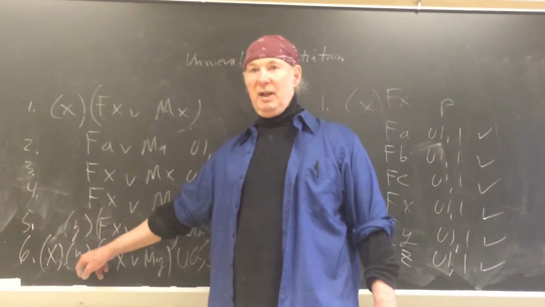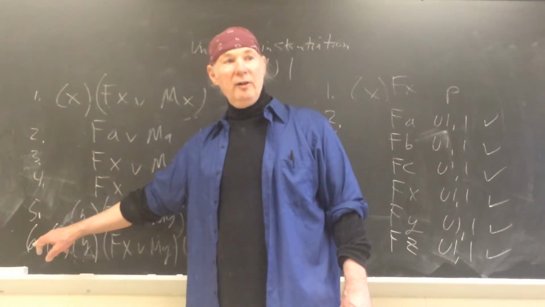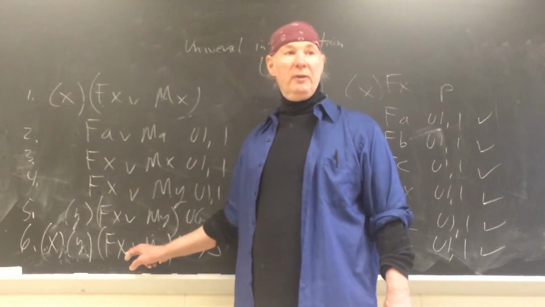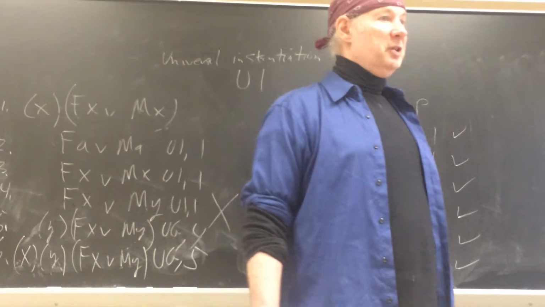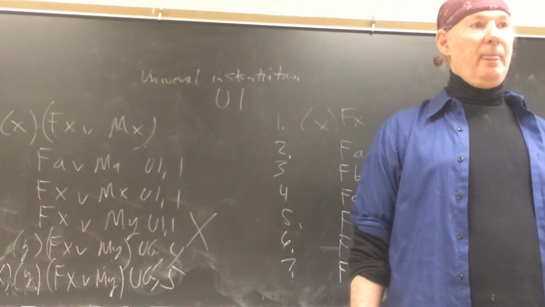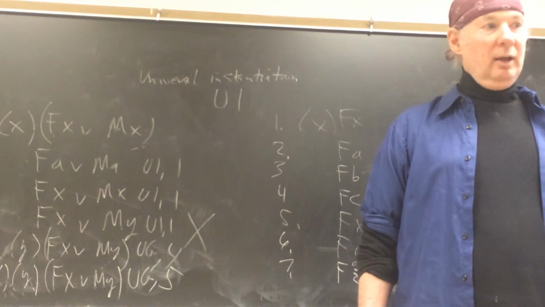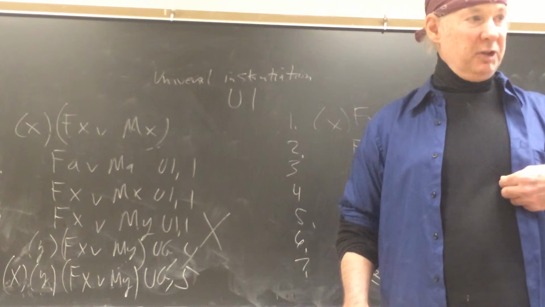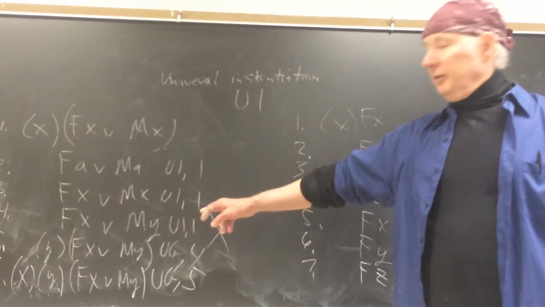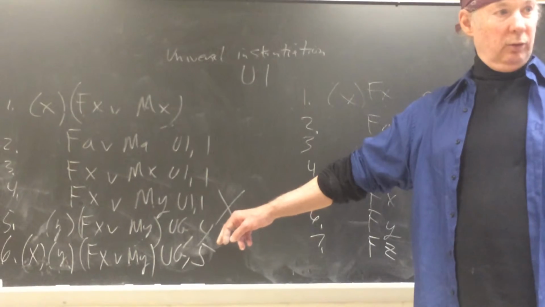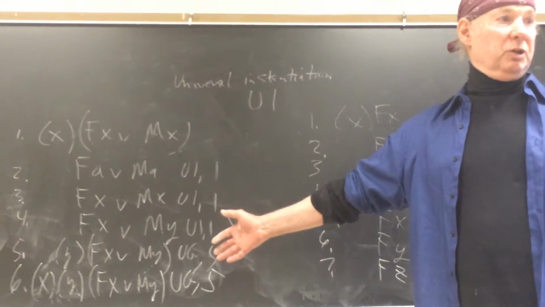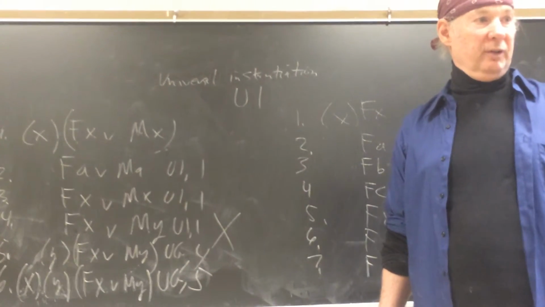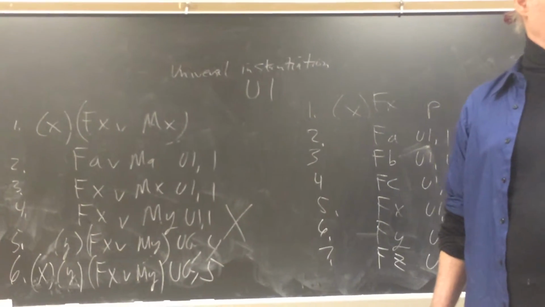But number 6 says, for every pair of persons in this room, the first member of the pair is a female, or the second member is a male. Well, let's see if that's true. I'll just take an arbitrary pair. You're the first member, I'm the second member. Okay, first member is a female. True. So since it's a disjunction, a wedge, it's true automatically, since the first member is true. We don't have to look at the second.